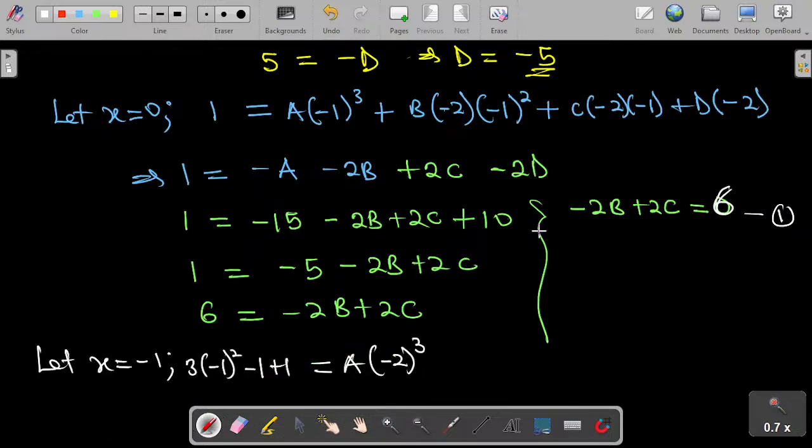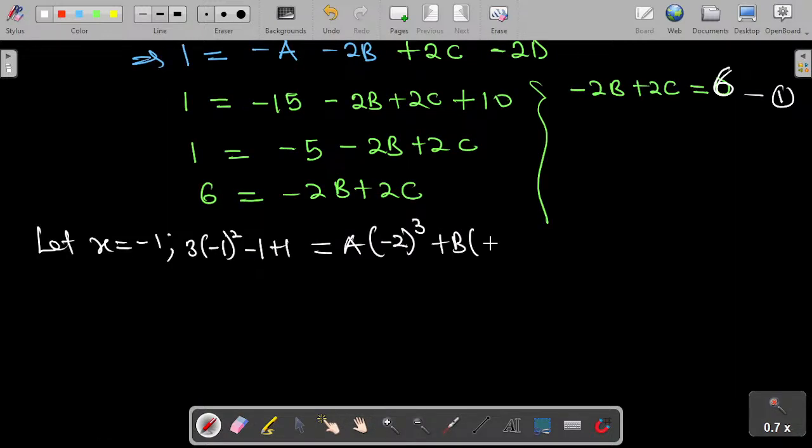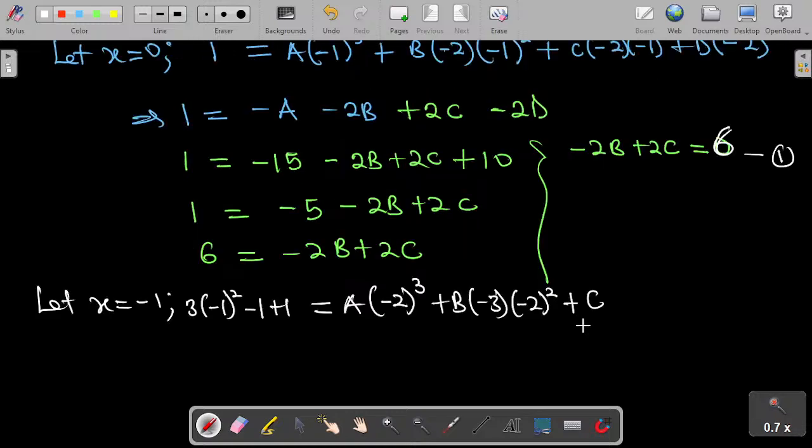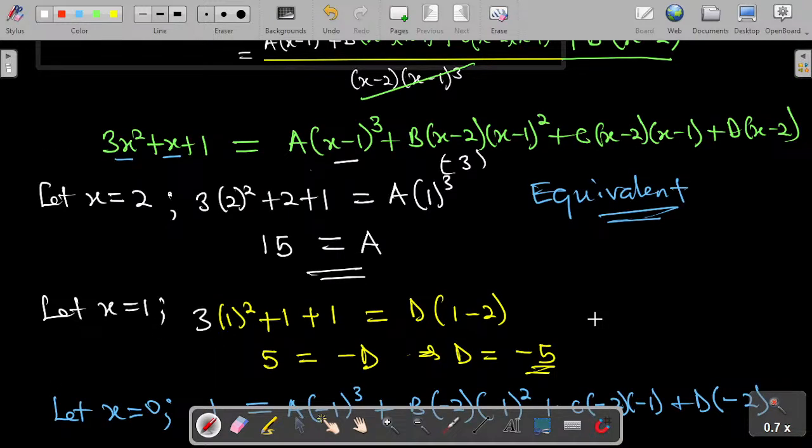So we have plus b into minus 3 times minus 2 raised to power 2. Okay, so we now go to C. In the case of C, we are going to have minus 1 minus 2, which is minus 3, multiplying minus 1 minus 1, which is minus 2. And then finally this one will be minus 1 minus 2, which will be minus 3.